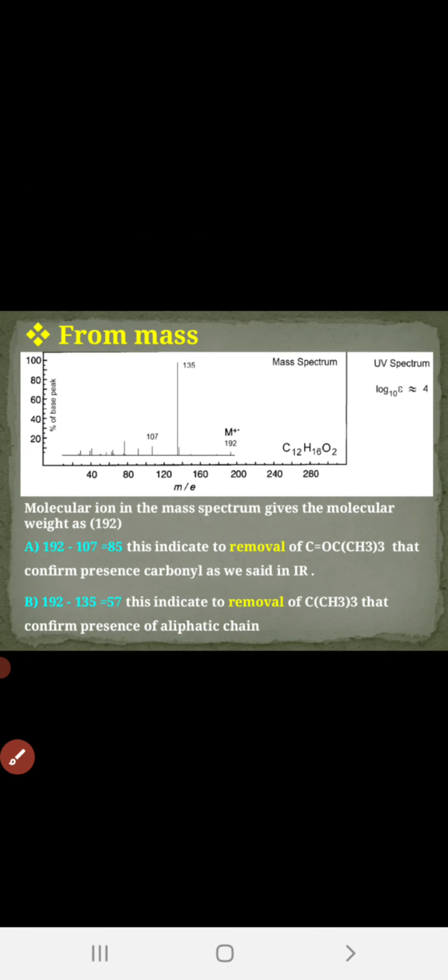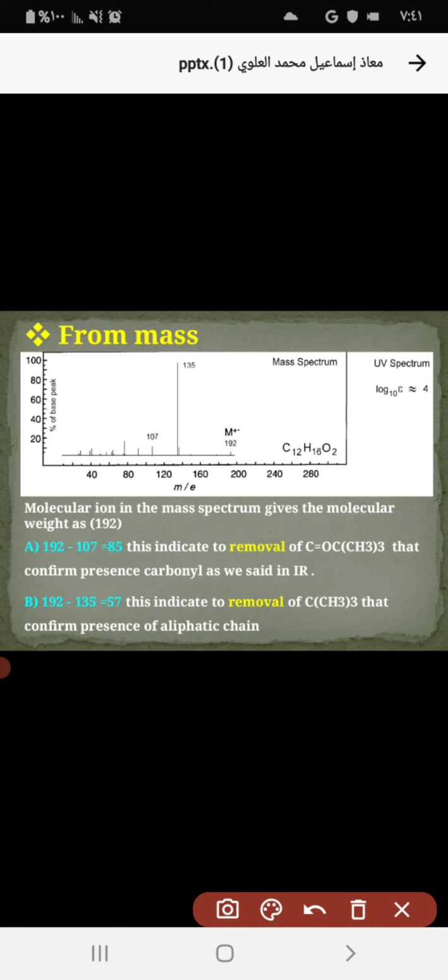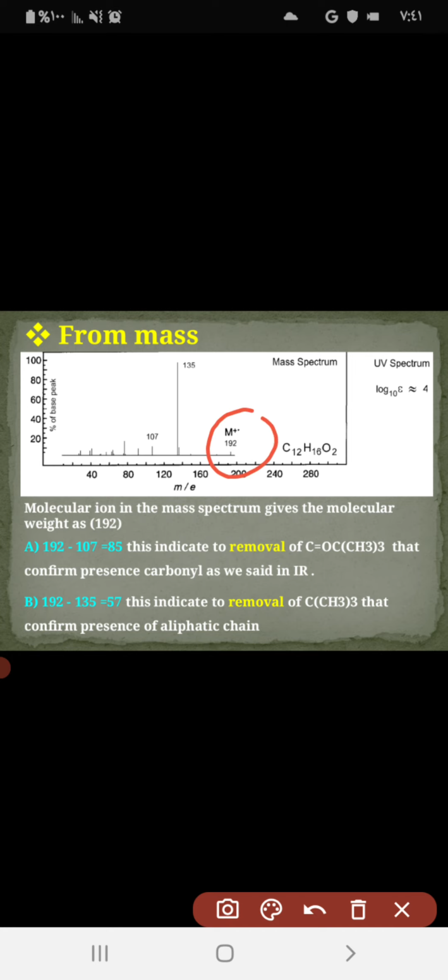Now let's go to the mass. In the mass we use fragmentation, by the removal of groups. We can notice that in the mass we have the molecular ion, which is 192, and the molecular ion in the mass spectrum gives the molecular weight, which is 192. We have 2 removals, or 2 fragmentations. Number 1, 192 minus 107, the result is 85.